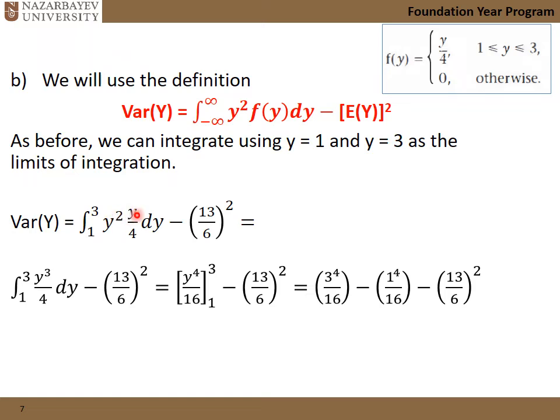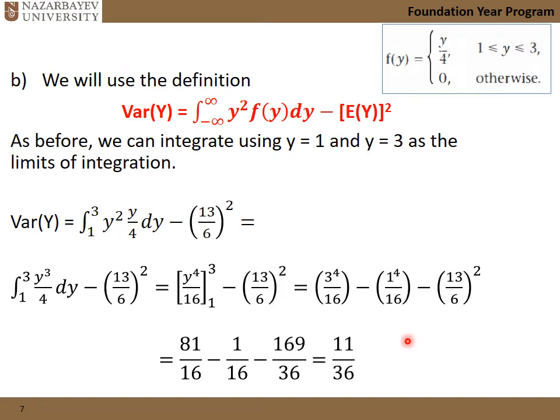Integrating y cubed gives y to the 4 divided by 4. But we have another 4 here, that's why we get 16. Then substitute, and don't forget to subtract mu squared, the one we got from the previous slide.